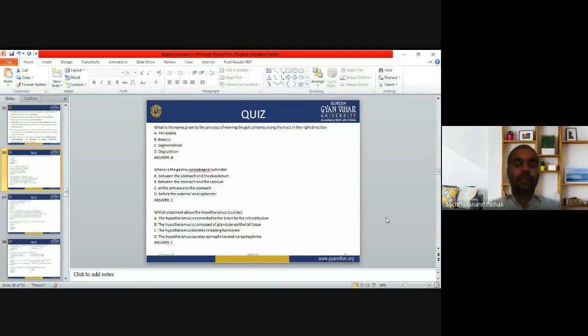Which statement about the hypothalamus is correct? The hypothalamus is connected to the brain via the infundibulum. The hypothalamus is composed of glandular epithelial tissue. The hypothalamus secretes the releasing hormone.